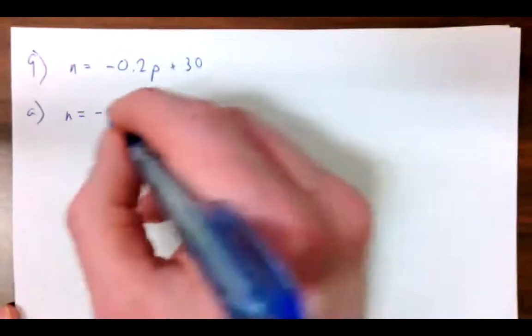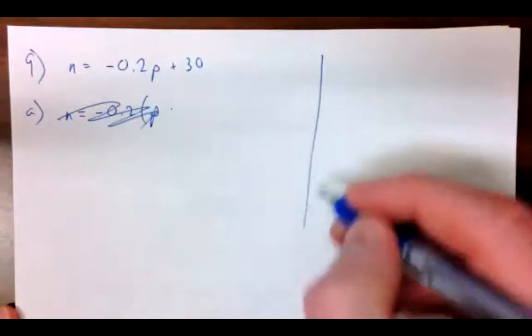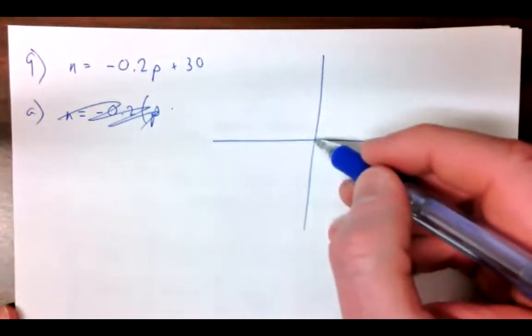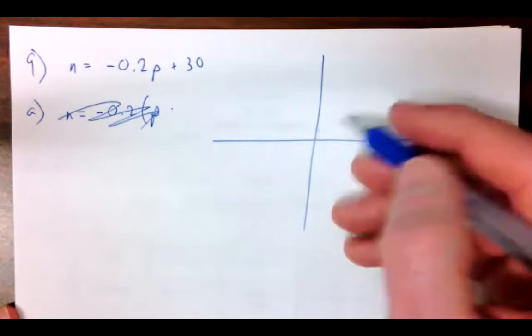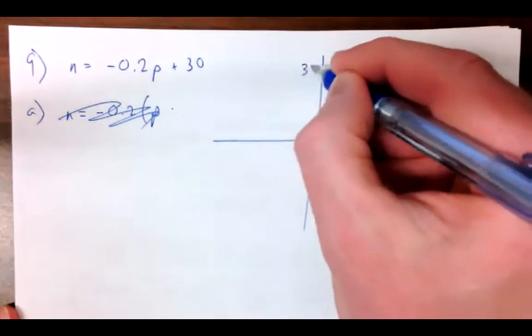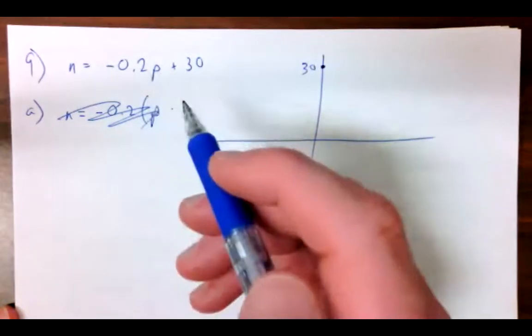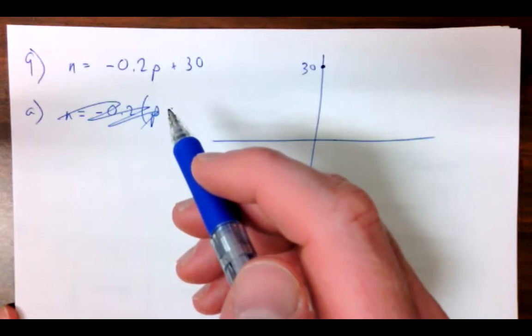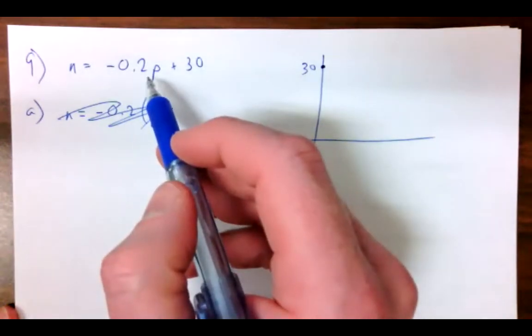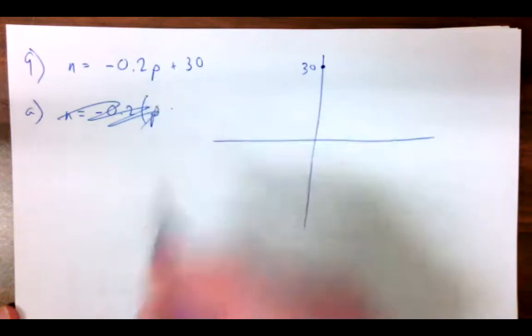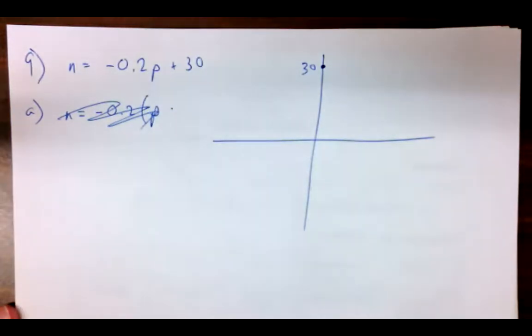Well, forget about this for a second. I kind of want to graph this. This is interesting to me. P is 0, N is 30. And P is the price. The revenue is the product of the selling price and the number of units sold.